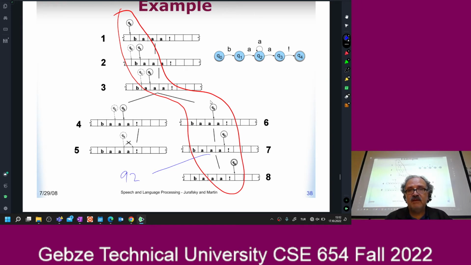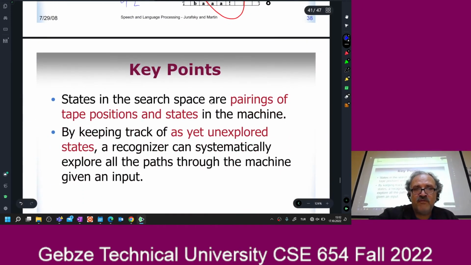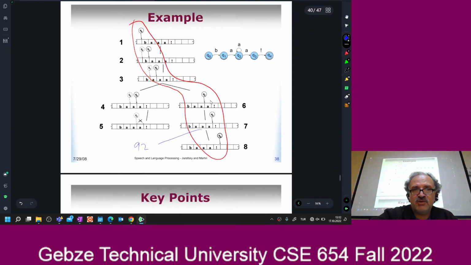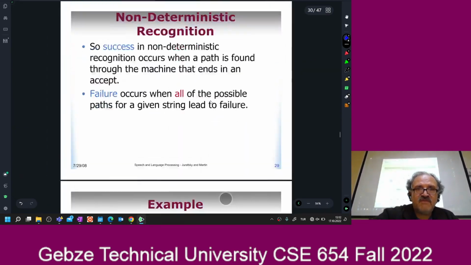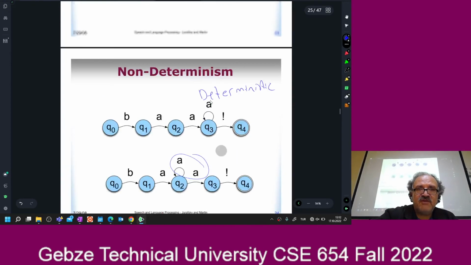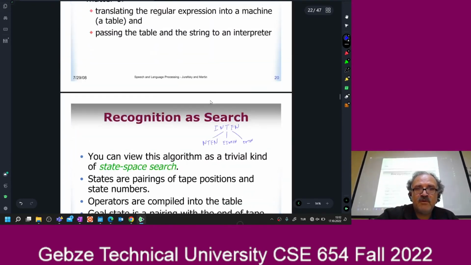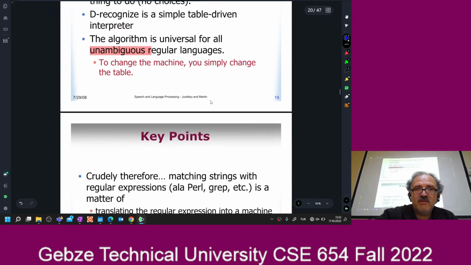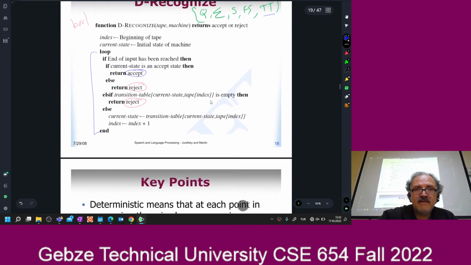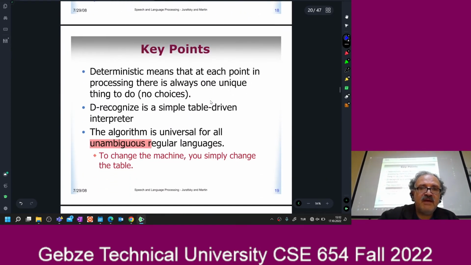That's what we mean by how we accept a string by non-deterministic finite state automata.